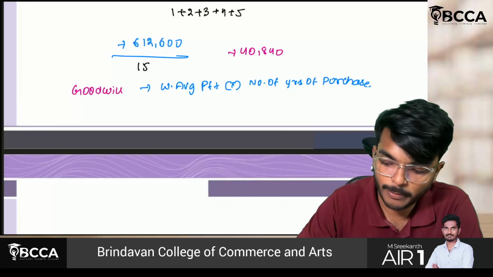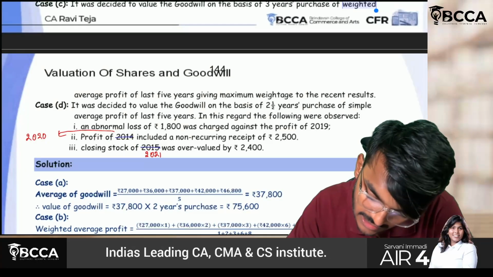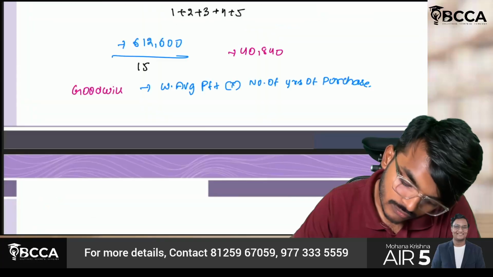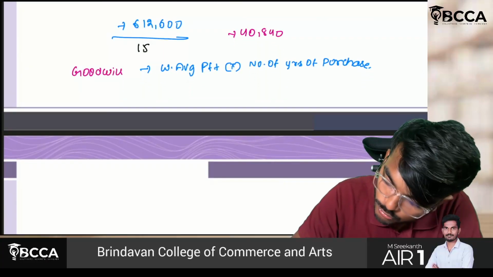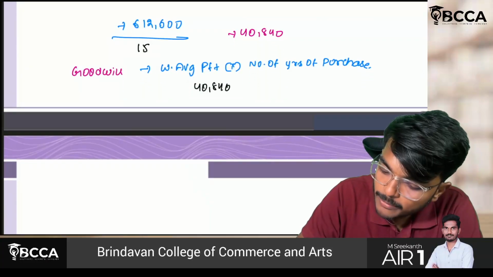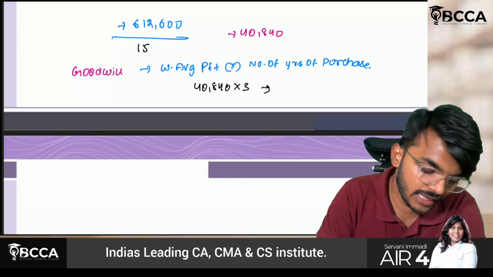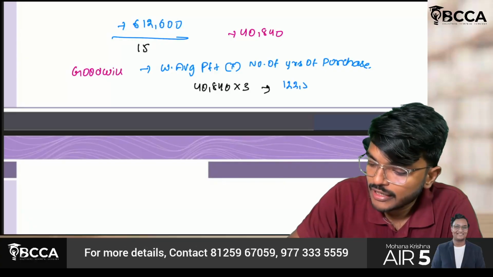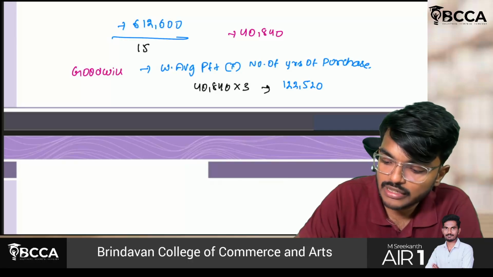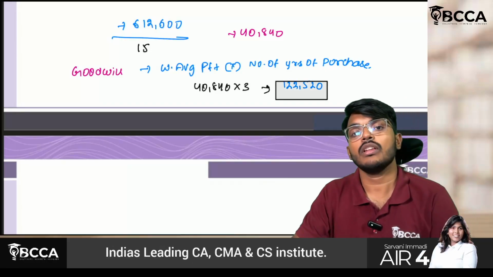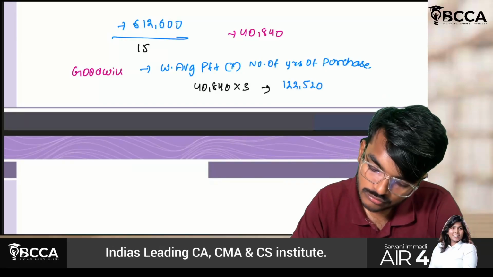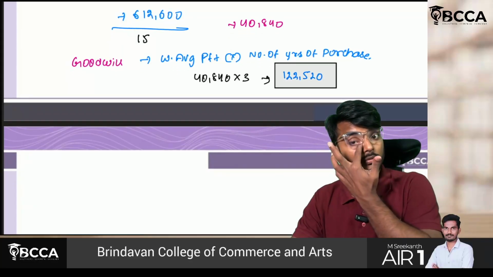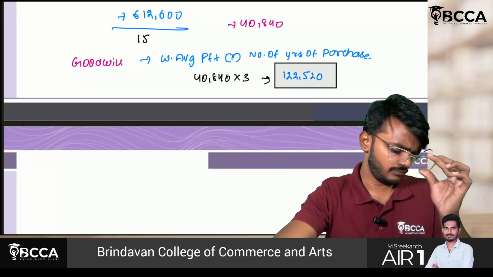In the question they are saying the number of years of purchase is 3 years. So 40,840 multiplied by 3 will give me 122,520, which is my goodwill amount. I hope this is also clear.